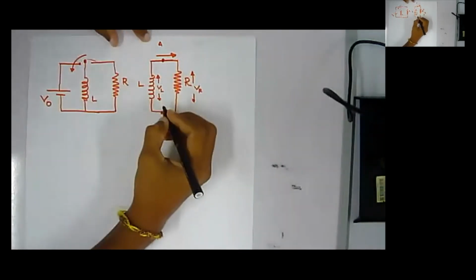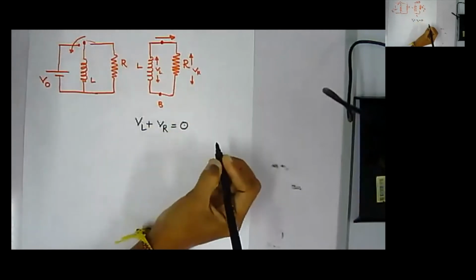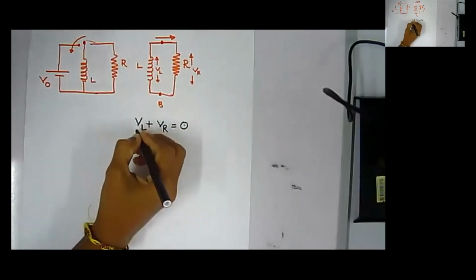By using Kirchhoff's voltage law inside this loop, when you add these two voltages, the sum must be equal to 0. So VL plus VR equals 0.